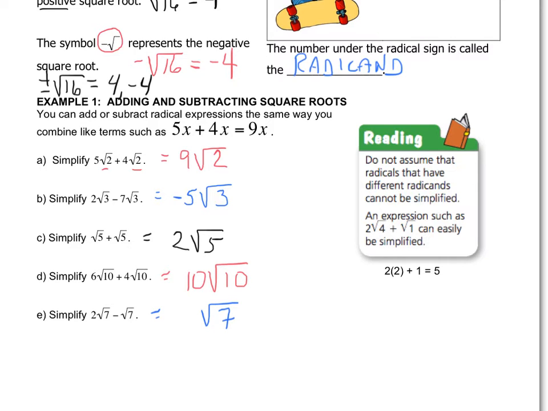We can easily simplify that because we know the square root of 4 is 2, and 2 times 2 is 4. The square root of 1 is 1, so 4 plus 1 equals 5. As much as it looks like I can't do this, that basically becomes 5.